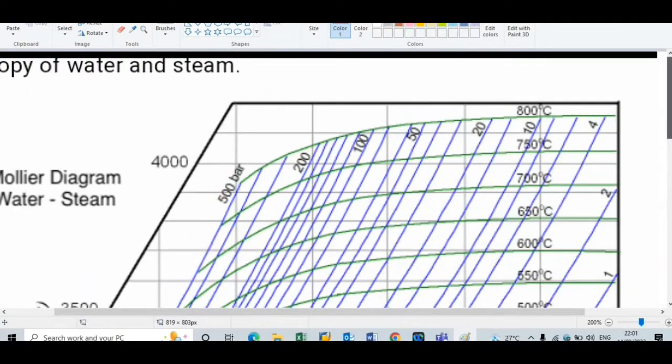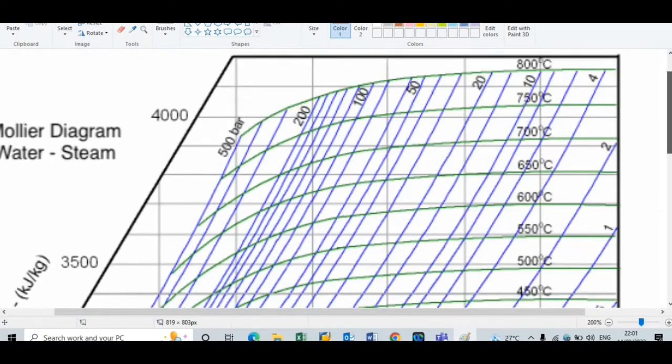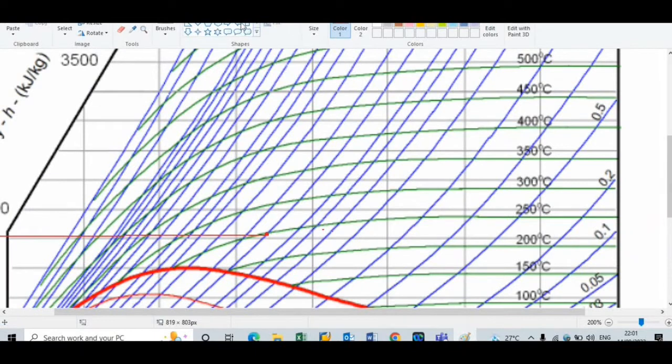If we observe the pressure lines, here is the pressure 4, then there are two lines, and here is the pressure 10. That is, this value is 6, then 8, and then 10. So in between 6 and 8 there is the pressure of 7.5 bar that we have to select, and we will extend this line up to a pressure of 7.5 bar. I will select a different color line here to understand this.